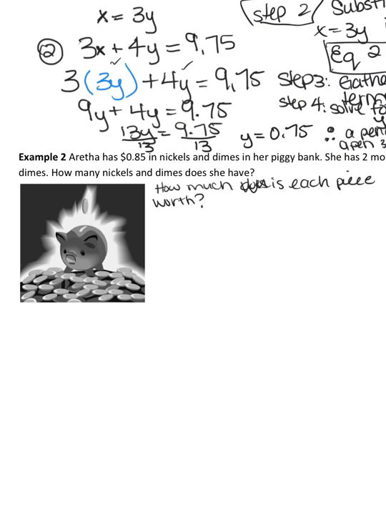So for example, I know that a nickel is 5 cents, so 0.05. And a dime is 10 cents, so 0.10. And specifically, I know that she has 85 cents in her account.